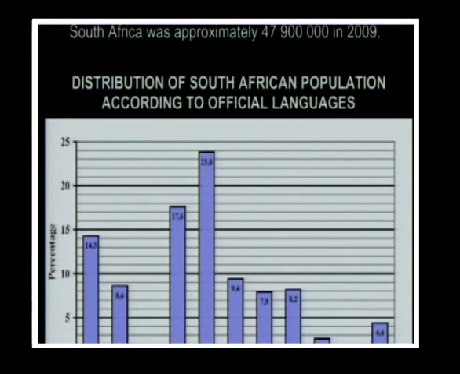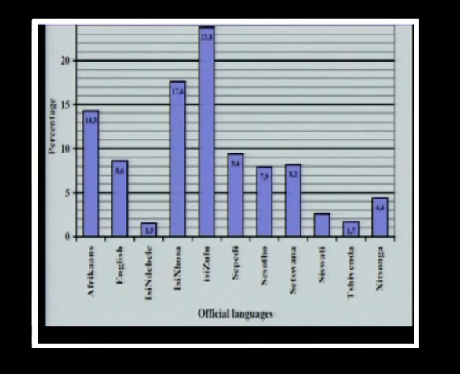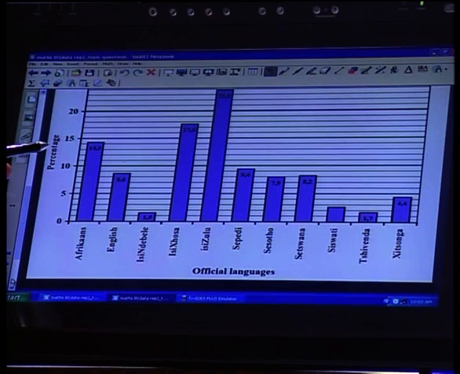Over here you can see the heading at the top of the graph says distribution of South African population according to official languages. And there we have our chart. Let me point out a couple of features of the chart that are important for you to recognize. Firstly, on the left-hand side here we have the y-axis, and you see it has a label, percentage.